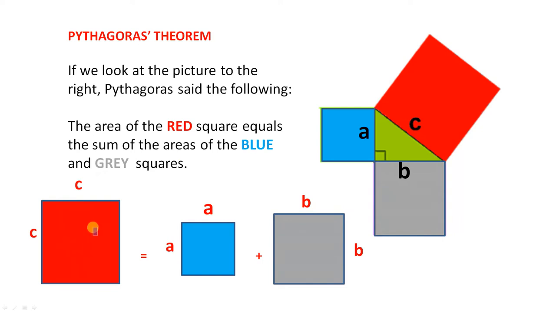So the area of the red square, which is C units, is equal to the sum of the areas of the blue square, which has sides of A units, and the grey square, where we have B units. In other words, that area is exactly the same as the sum of those two areas.